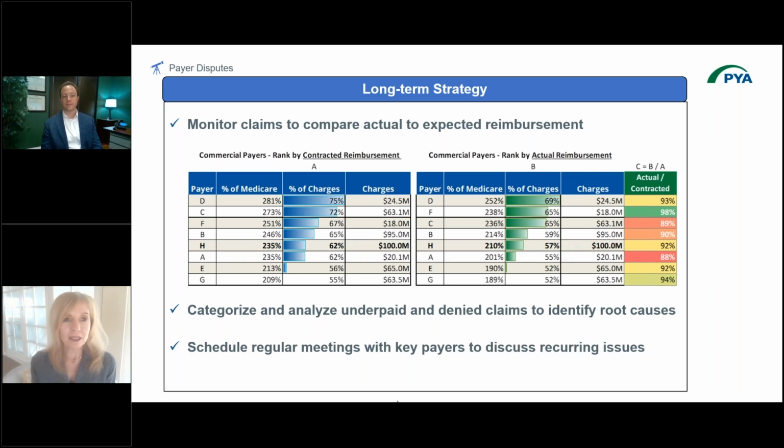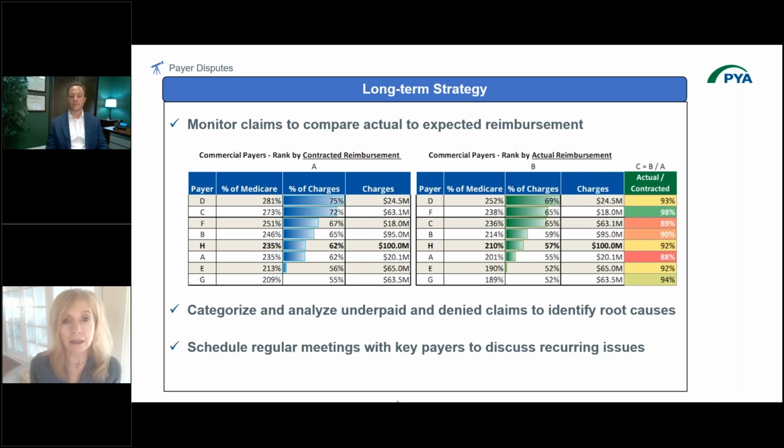So in summary, the long-term strategy is all about prevention. It's promptly monitoring the difference between your actual payments and your contracted payments, and really working hand in hand with key payers to monitor these issues and to address these issues so that you get paid your fair share.